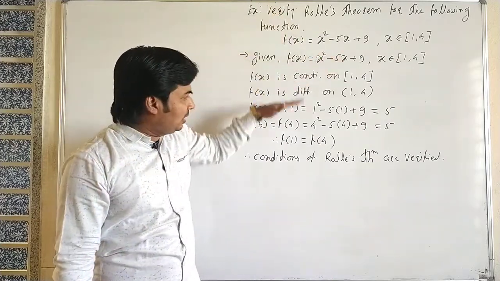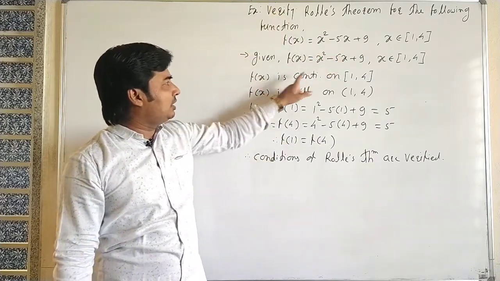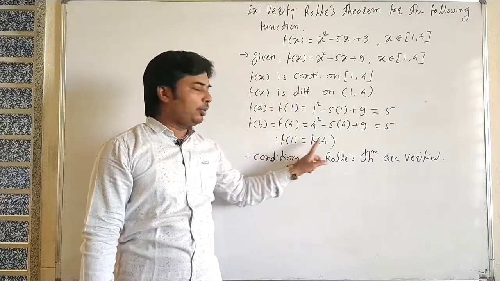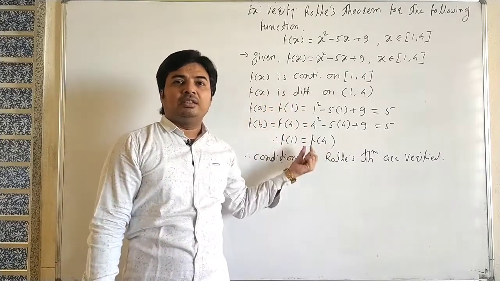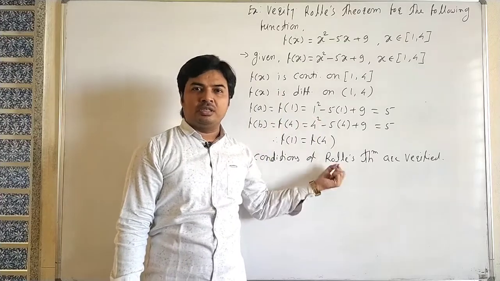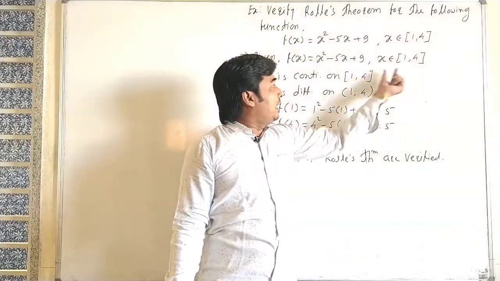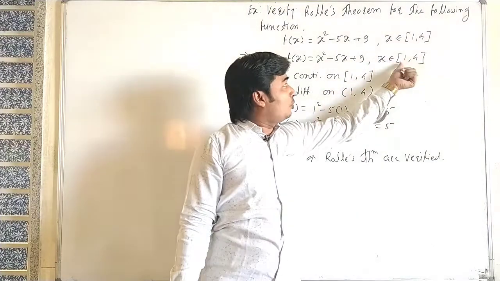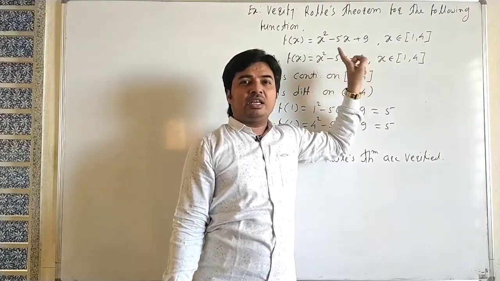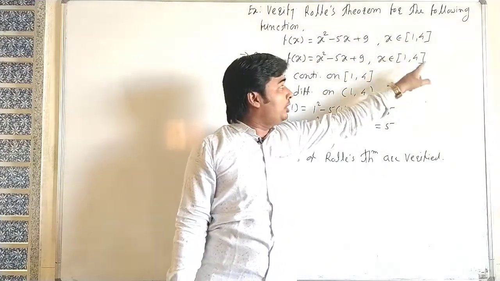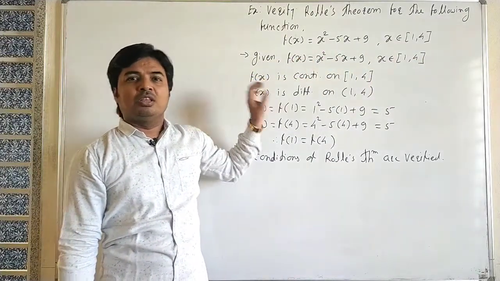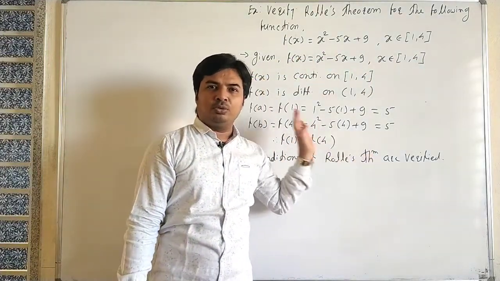That means if three conditions are satisfied, f of x is continuous, differentiable, and f of a is equal to f of b, then there exists at least one point c belongs to open interval a comma b. That is a comma b, it is 1 comma 4. Therefore there exists at least one point c belongs to open interval 1 comma 4 such that f dash of c equal to 0.